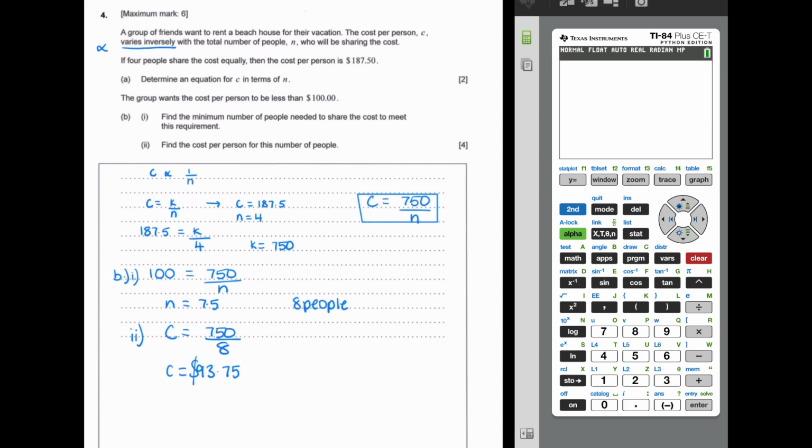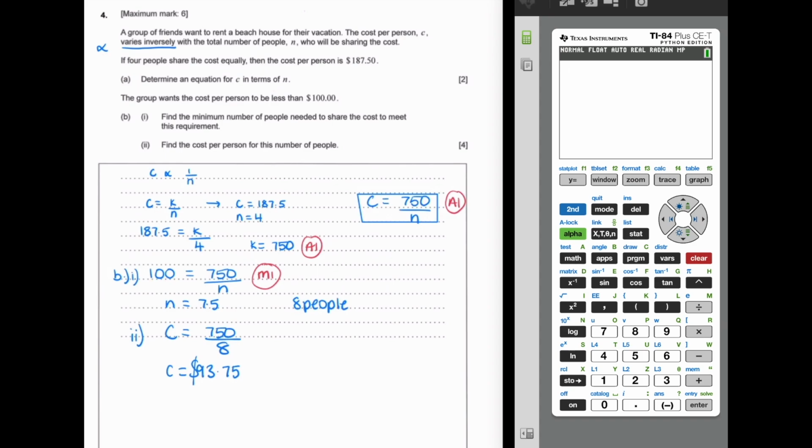So in terms of the marks for this question, the first question is 2 marks. 1 is for finding the K value, and the other is for correctly writing out the full equation, linking C and N together. And then for part B, we have 1 mark for the method, so for correctly realizing that you need to substitute in and find the N value.